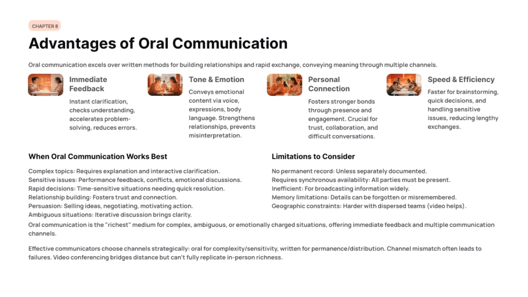Overall, oral communication excels over written methods in building relationships and enabling rapid exchanges, especially when nuance and emotional context are important. So, in summary, choosing the right channel depends on the situation. Oral communication is powerful for complexity, sensitivity, speed, and relationship building, but it's essential to match the medium to the message to ensure effective and meaningful communication.